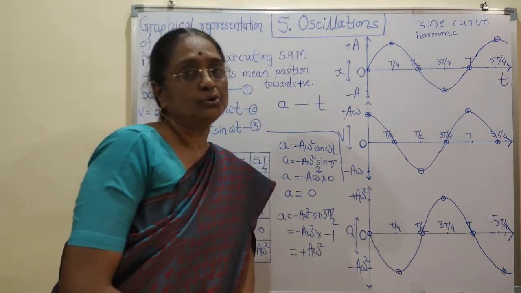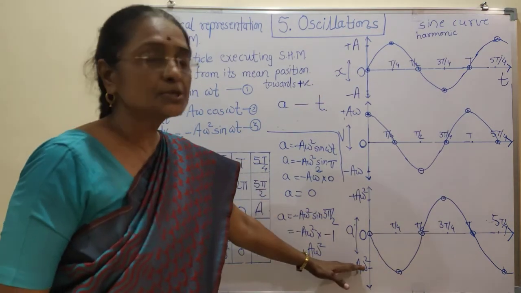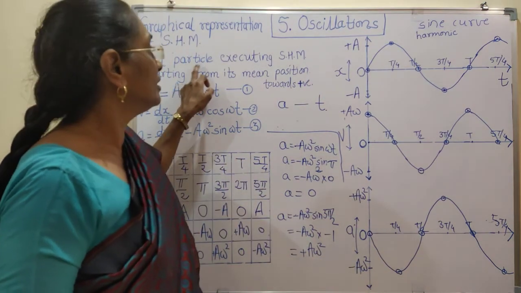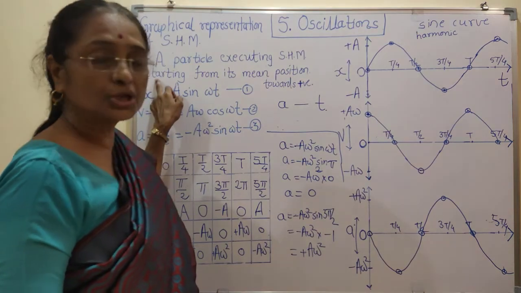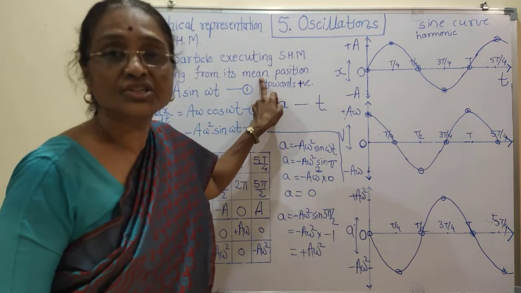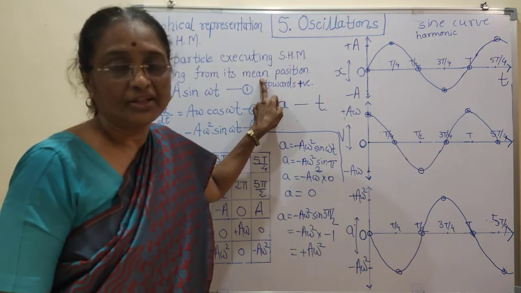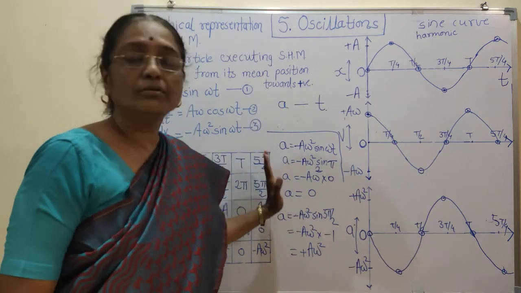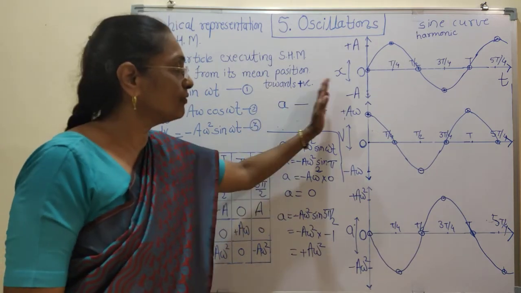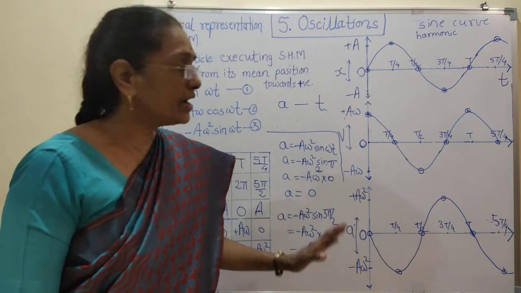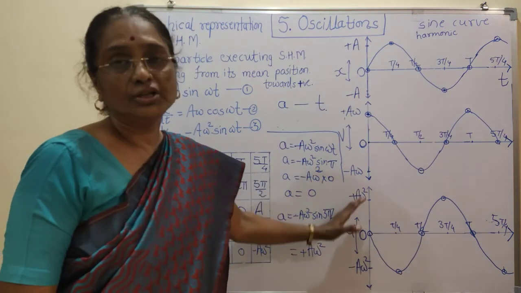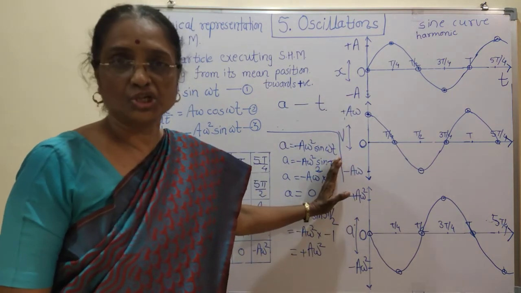Now you try to plot such graphs when the particle executes motion starting from its extreme position, so that you can have practice of plotting the graphs and the related discussion.